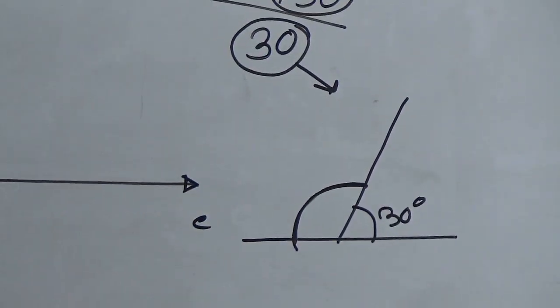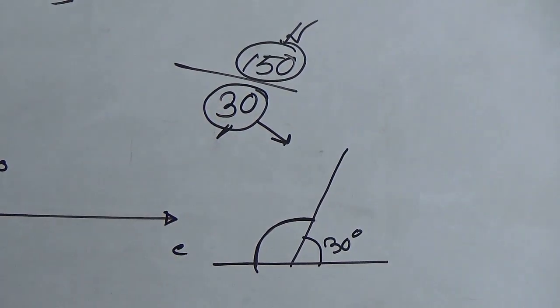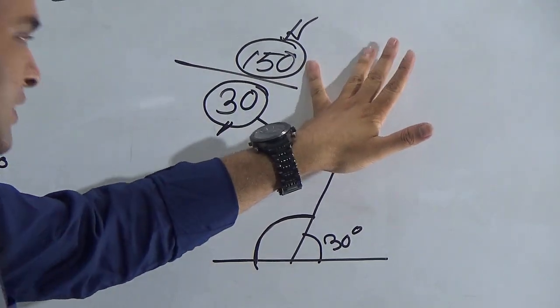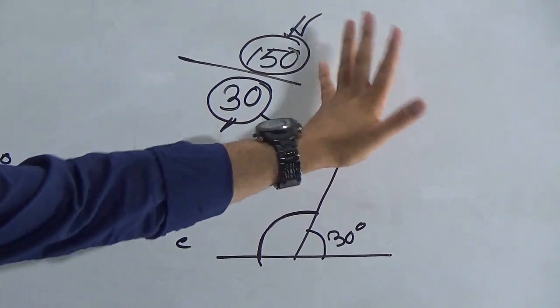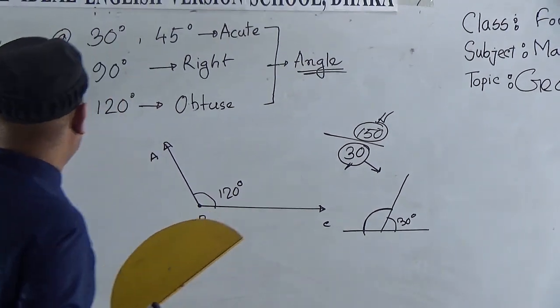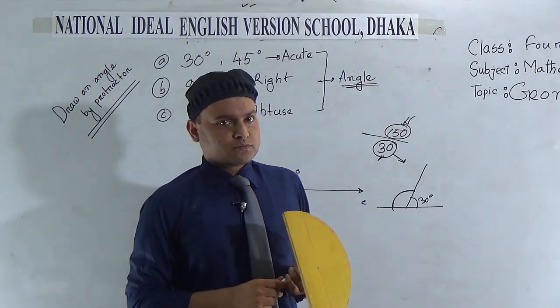So if I want to draw the angle of 30 degrees, then we use this one, and if we draw the supplementary angle of 30 degrees, then we use this one, that is 150 degrees. So these are the drawing tricks of geometry by protractor.